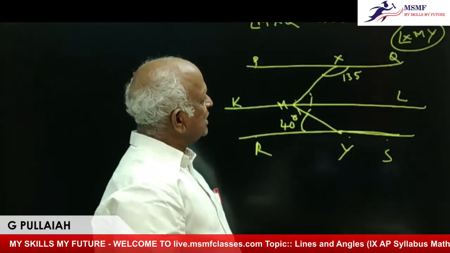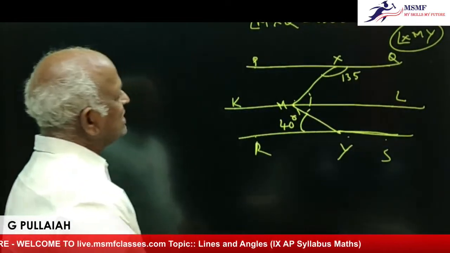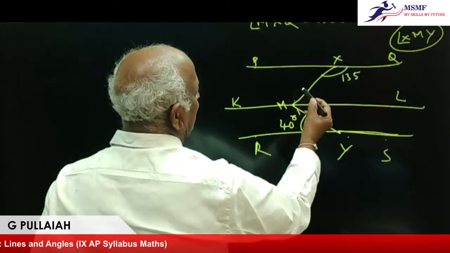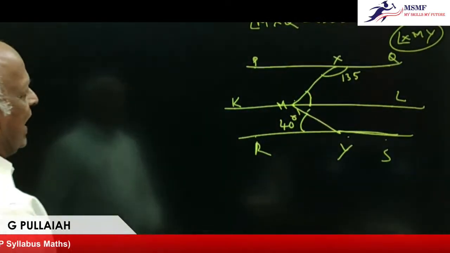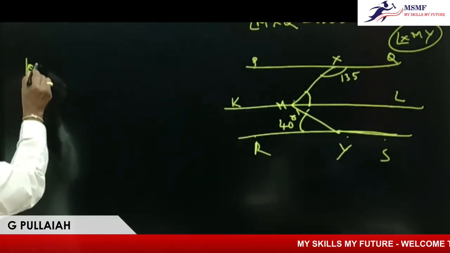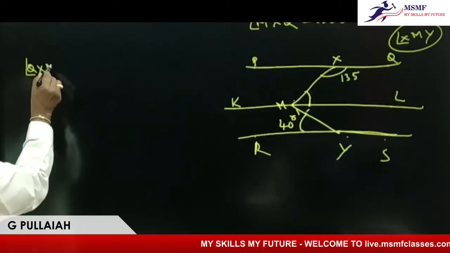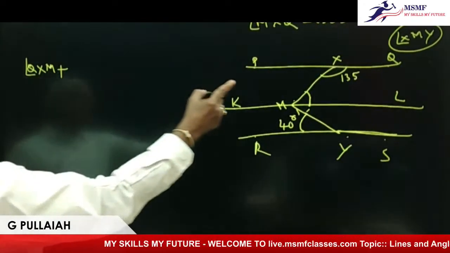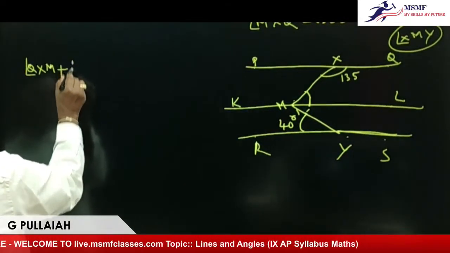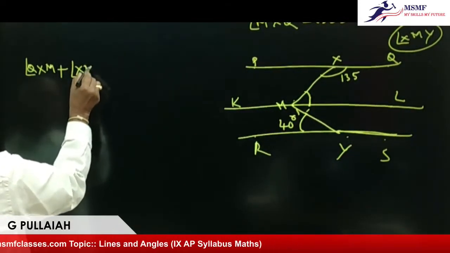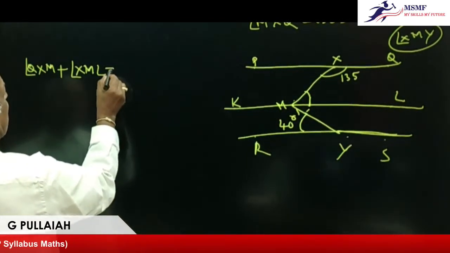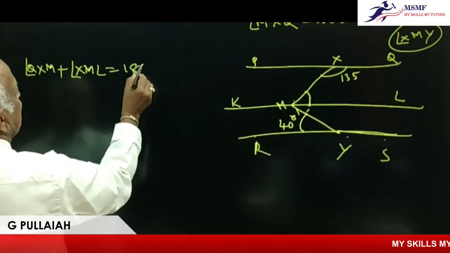Now let us see how to find XML. Angle QXM and angle XML add up to 180 degrees.